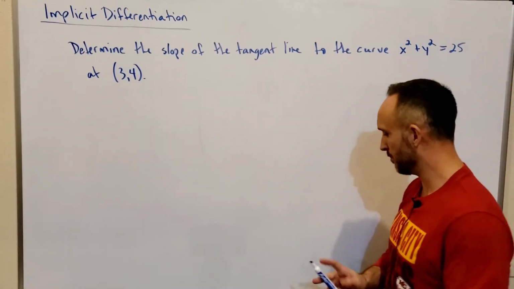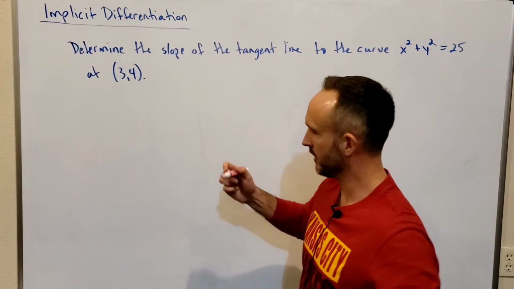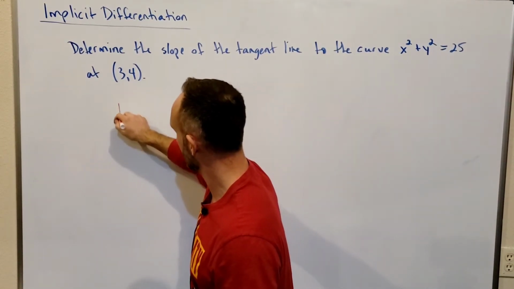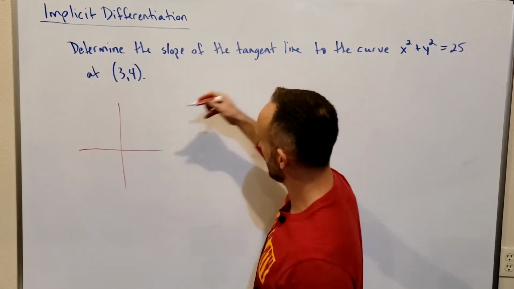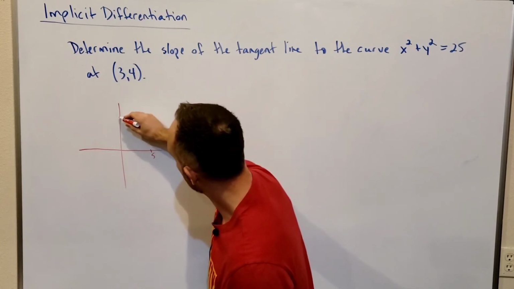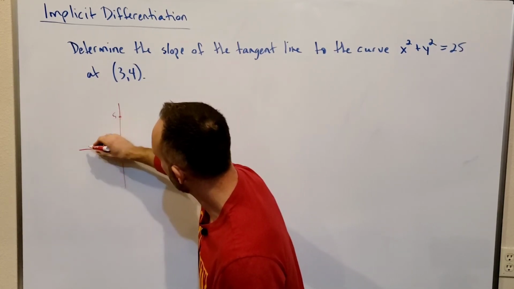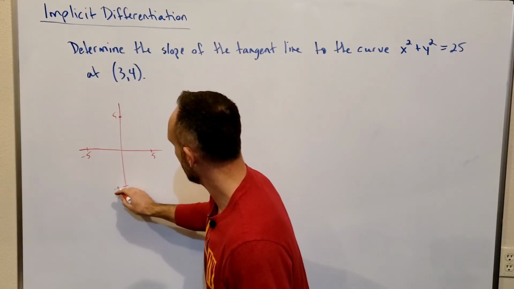And so again, if you drew a picture of what's happening here, I can't draw a very good circle, but use your imagination, please. This particular circle has a radius of 5. So it would go out here to 5. It would come up here to 5. It's centered at the origin. Come over here to -5 and down here to -5.